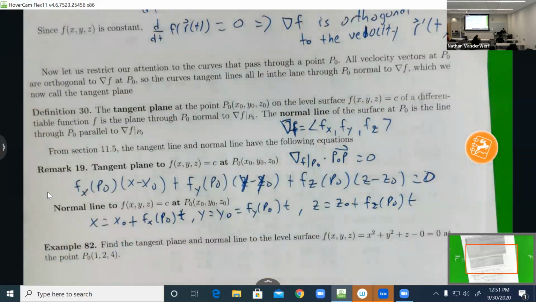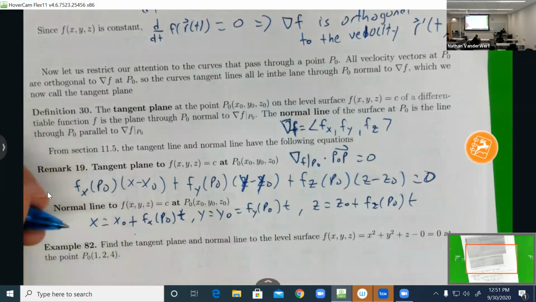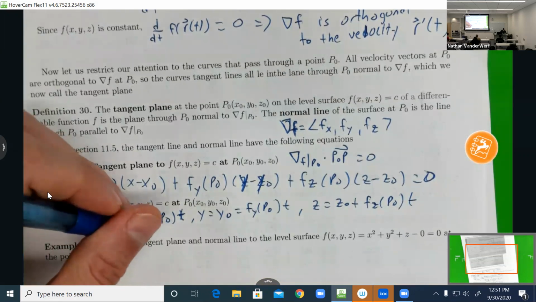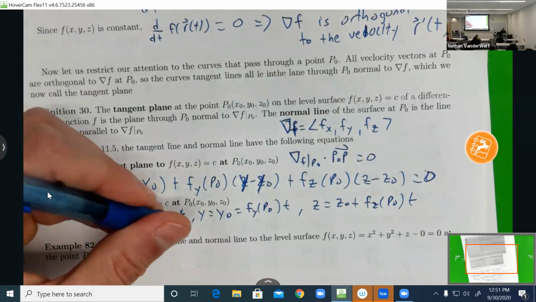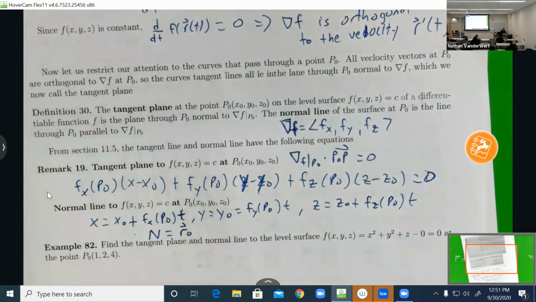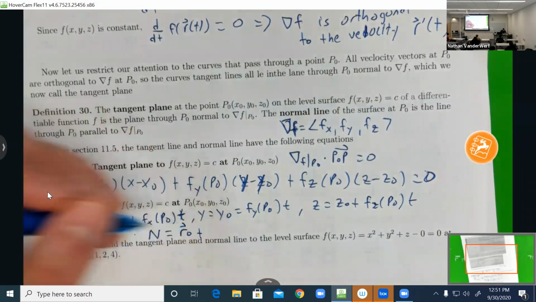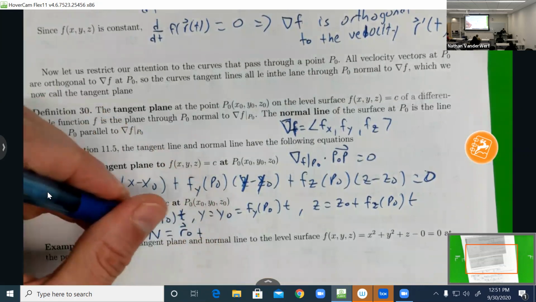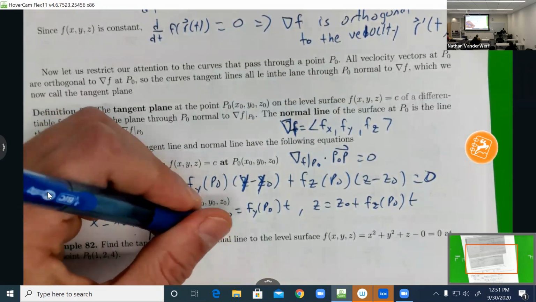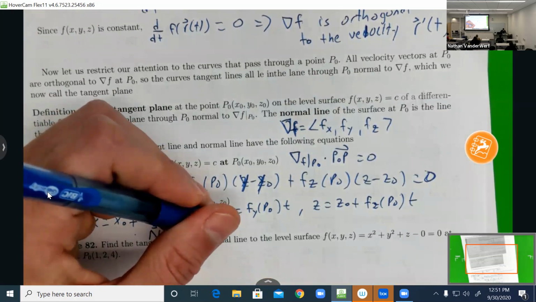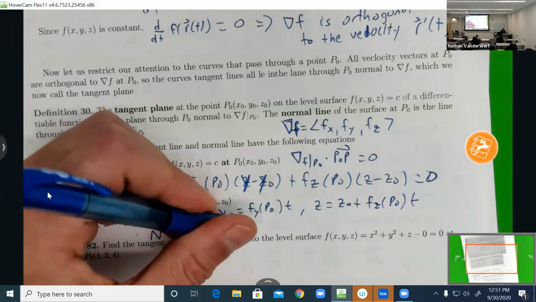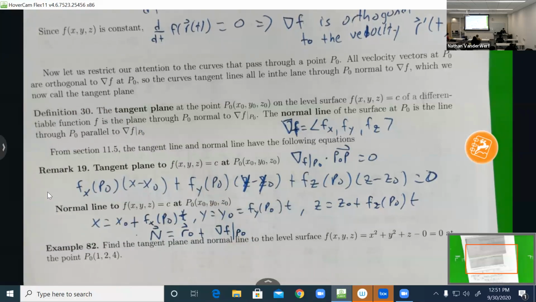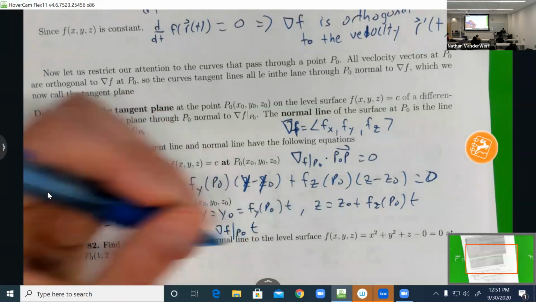Or written more succinctly, this normal line, I'll call it N, is equal to R0 plus the gradient of f at P0 times t.